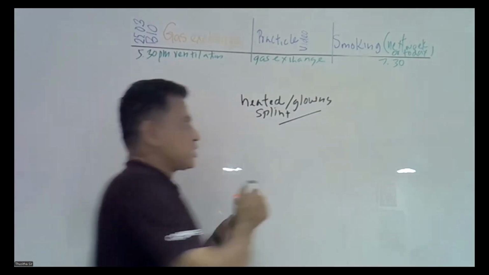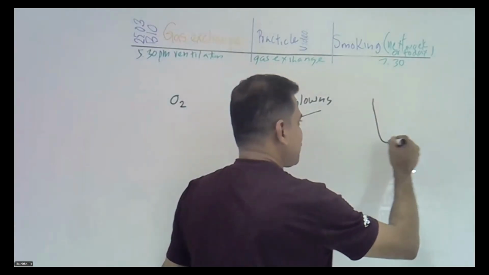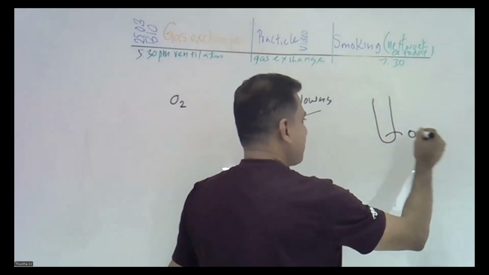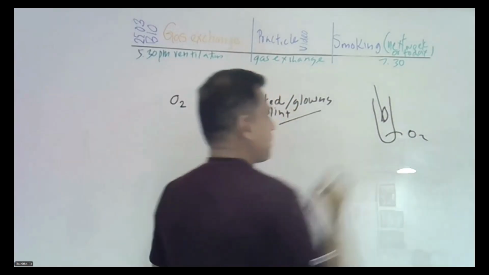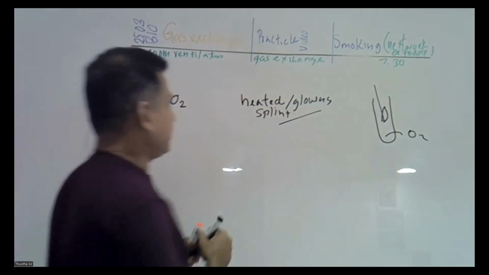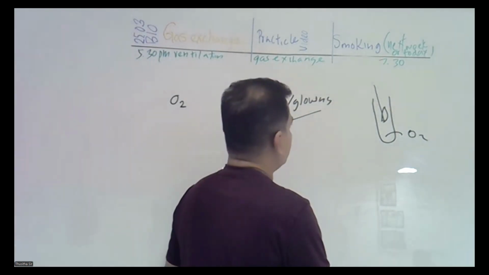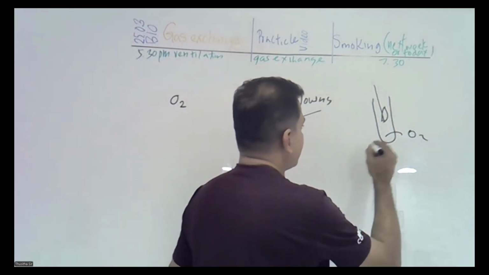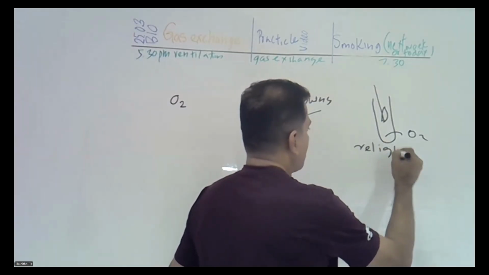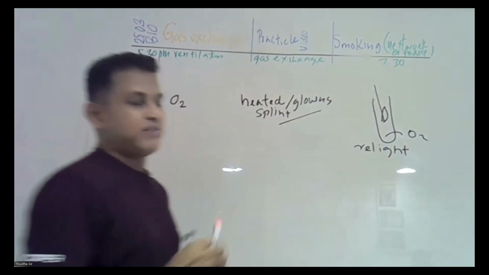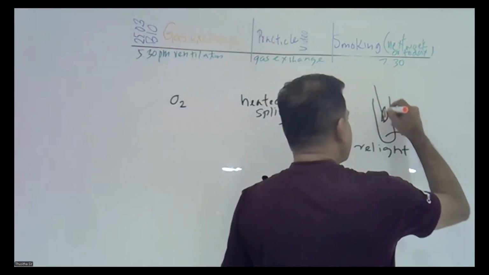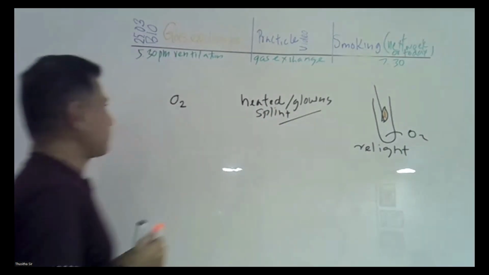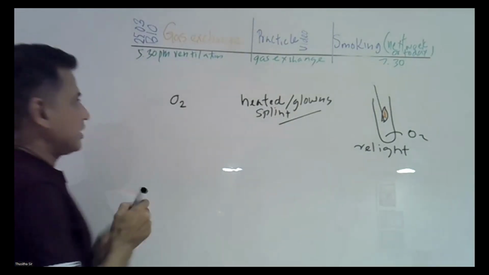So now, if you put this into a tube containing oxygen, as you enter it, it starts to burn. That means it has relit. You see the burning fire coming, and this glowing end is the test for oxygen.